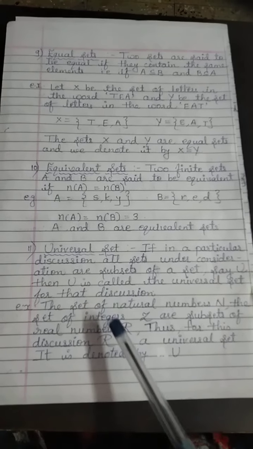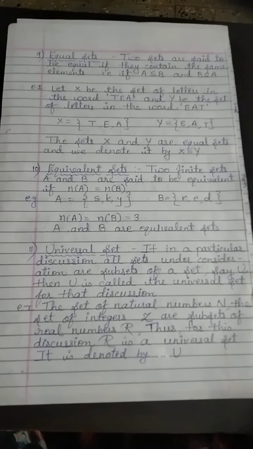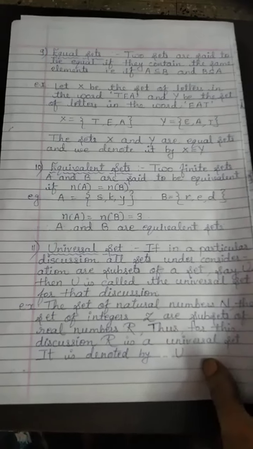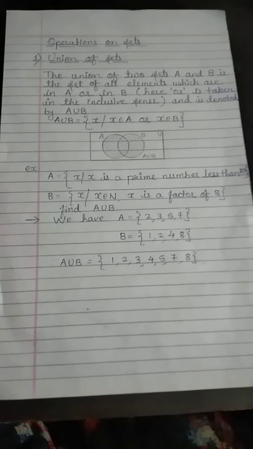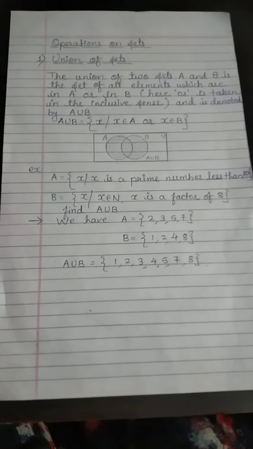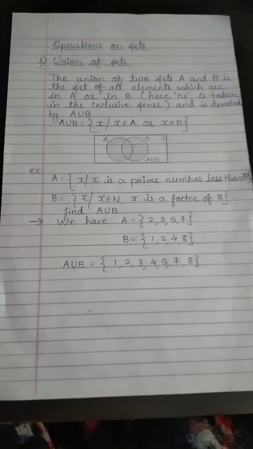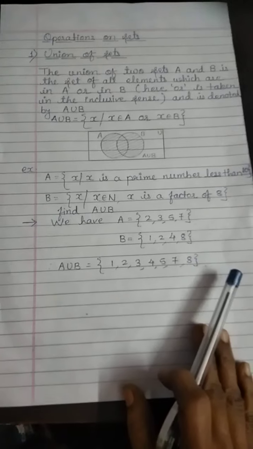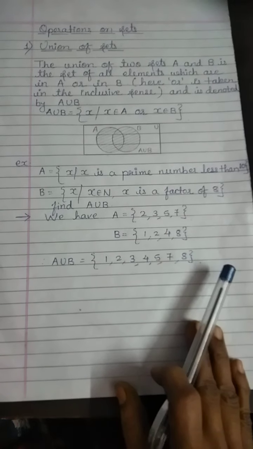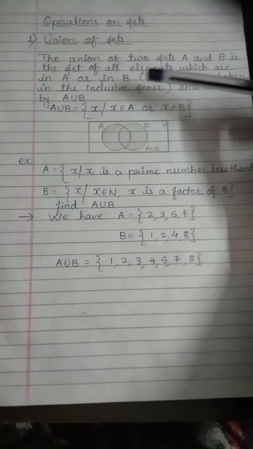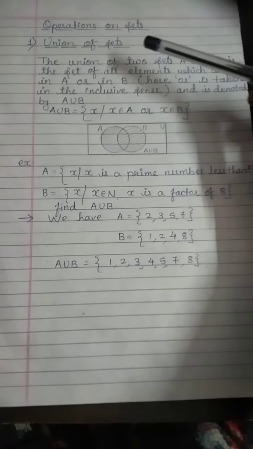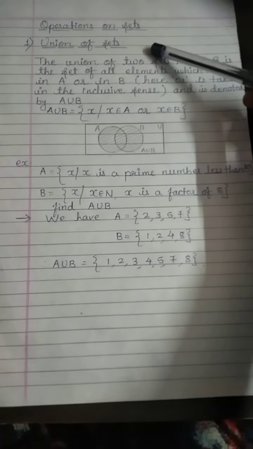So this is all about the types of sets. Now the further part is operations on sets. After completion of types of sets, now we will continue with the next part, that is, operations on sets. Now the first operation is union of sets.